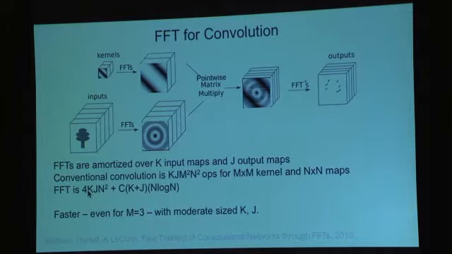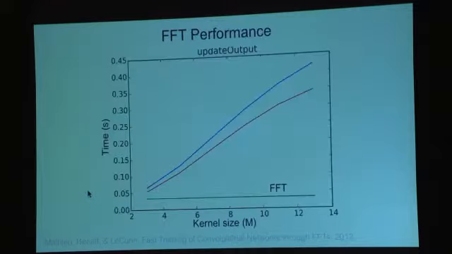So the paper here by Mathieu et al. in 2013 has the data on this, and this is their result out of the paper, showing speedups even with 3x3 kernels. With a 3x3 kernel, this is about twice as fast as doing the brute force convolution, and it gets better from there. And in fact, what you see is the cost of doing a convolution with FFT is independent of your kernel size.